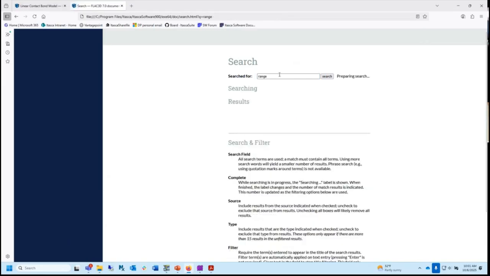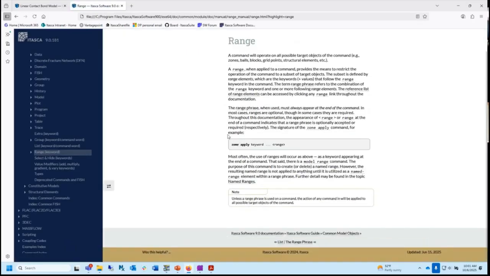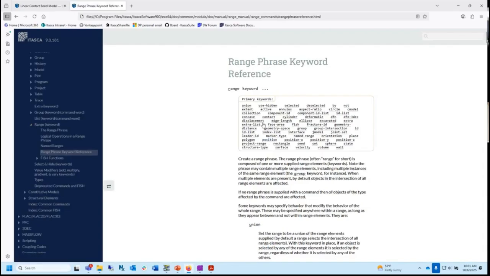If I search range, I'm going to get like 7 million hits. This is the idea of a range. That's not helpful. I want the range phrase. Model range. Here we go. Range phrase. Range something. One of these things must say contact type or something like that. Help me if you see it.